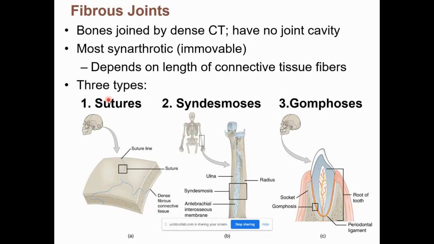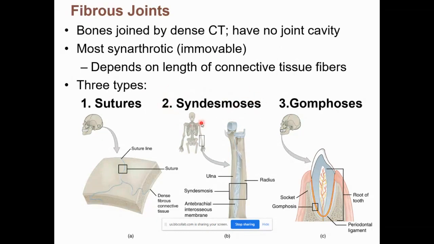So if you're asked for the structural classification of a joint, like in the cranial bones, well, it's a fibrous suture. The other, I'm going to go to number 3 because number 2 is the more difficult one. A gomphosis is a peg in a socket, and that's where the tooth meets either the mandible or the maxilla. So this joint, even though there's only 1 bone, the other being a tooth, would be classified as a fibrous gomphosis.